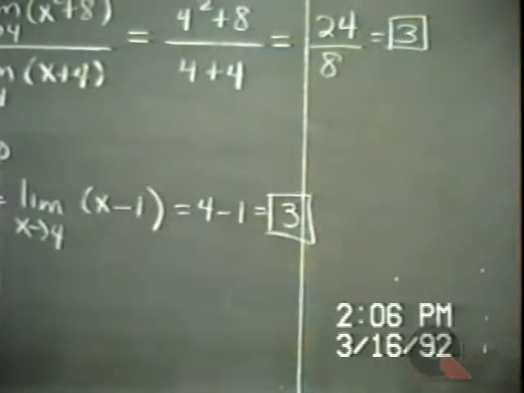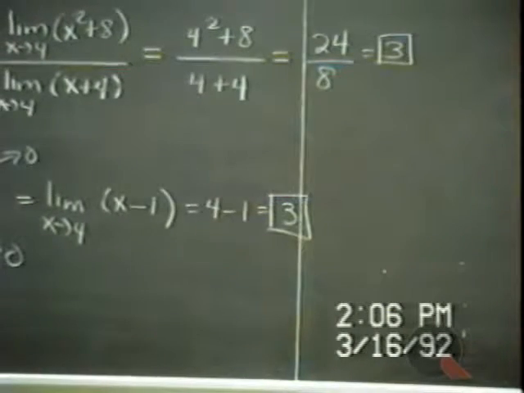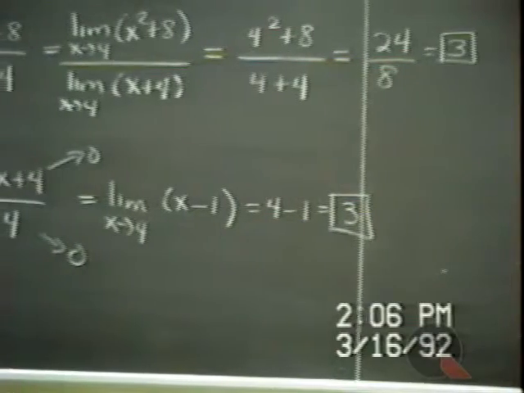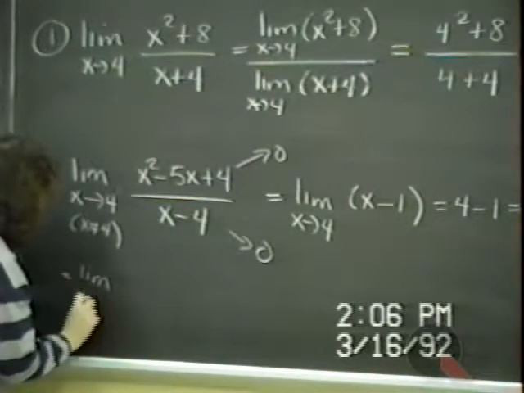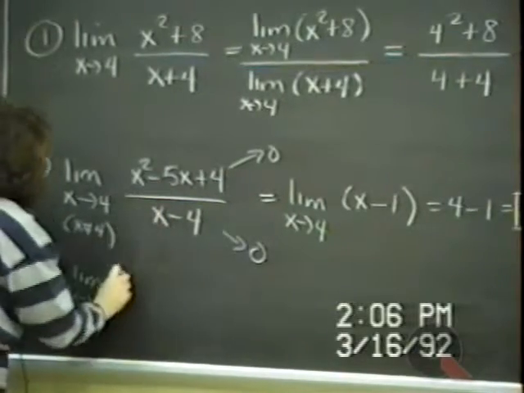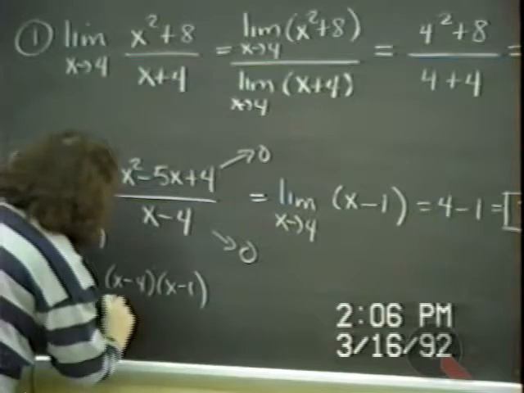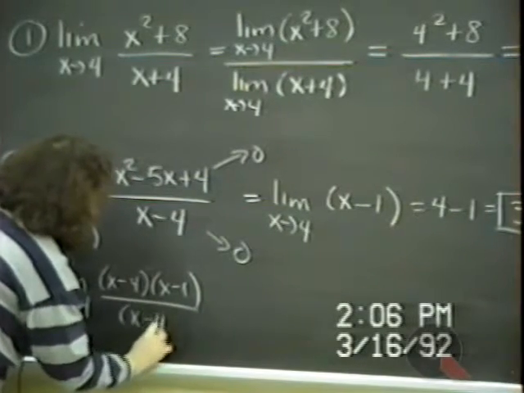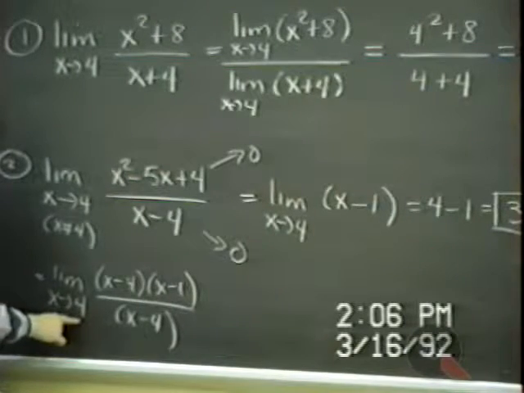Now, we don't always have to go and sketch the graph of the function. We can simply put in an extra step over here without sketching to say that this is really x minus 4 times x minus 1, divided by x minus 4. And as x gets close to 4, x is not equal to 4, just getting close.